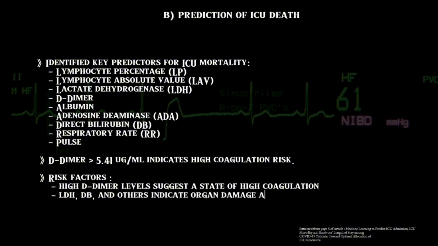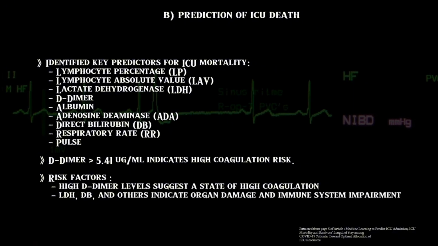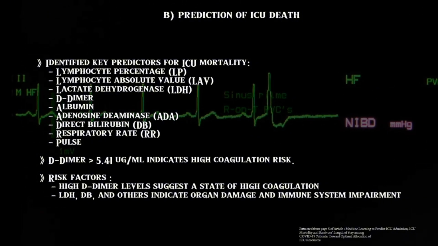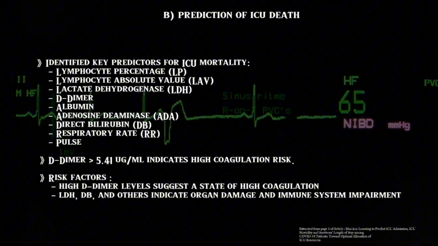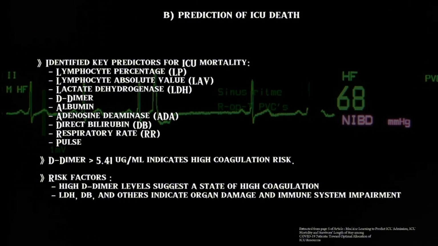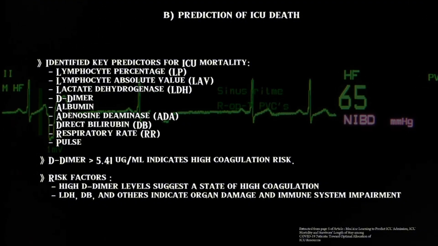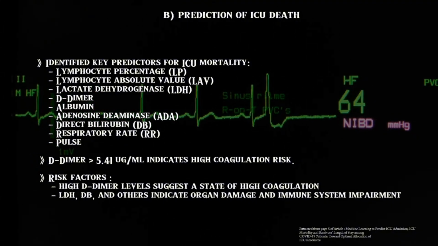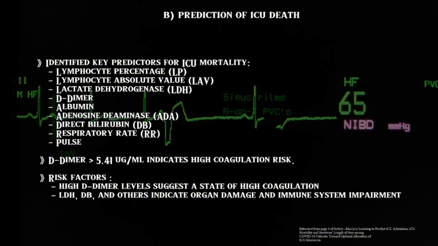These included lymphocyte percentage, lymphocyte absolute value, lactate dehydrogenase, D-dimer, albumin, adenosine deaminase, direct bilirubin, respiratory rate, and pulse. Notably, a D-dimer value greater than 5.41 micrograms per milliliter indicates a high risk of coagulation disorder such as pulmonary embolism, while factors like LDH, DB, and others indicate organ damage and immune system impairment.